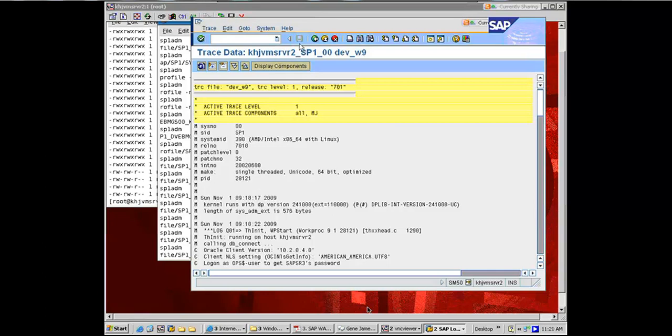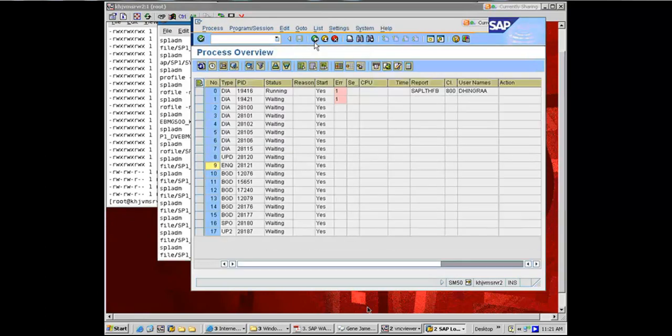But not the best way to do it. Again, we'll come back to it, right? Right now I just wanted to show you what are the different work processes which are out there.